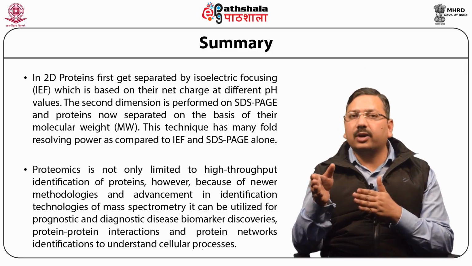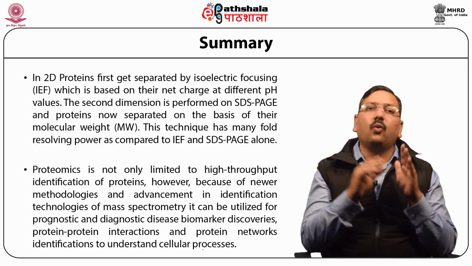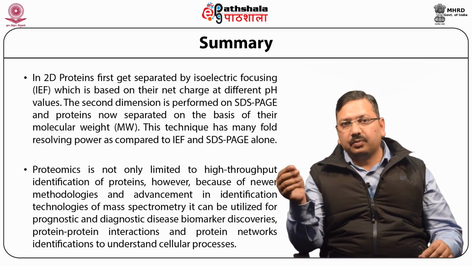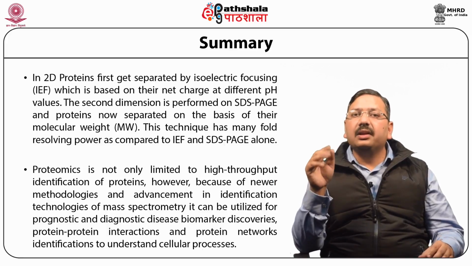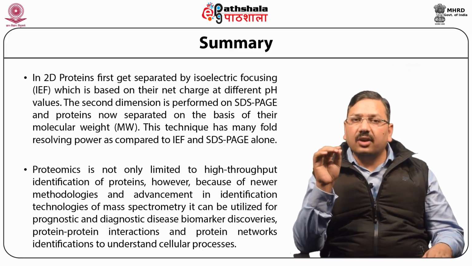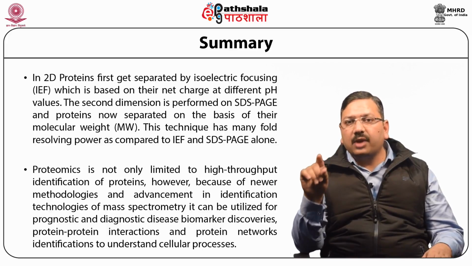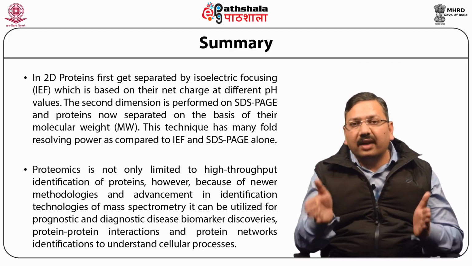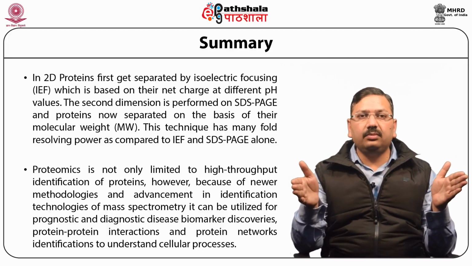towards mass spectrometry identification. In mass spectrometry identification, the first thing that comes is peptide mass fingerprinting. As the name suggests, peptide mass fingerprinting depends on the fact that if a peptide or a protein is cut up or fragmented in a known way, the resulting fragment masses are unique enough to identify this protein.